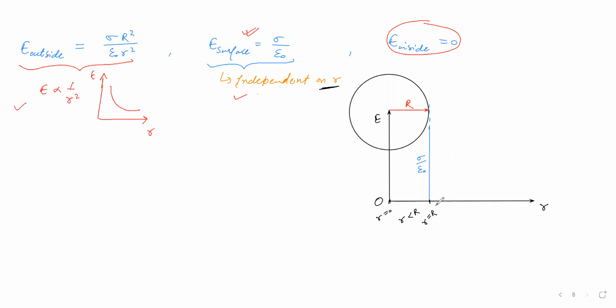Yes, sir. But when we go beyond capital R, I mean when r is greater than R, then you can look E is outside and your graph will be hyperbolic like this. This hyperbolic graph can be drawn from this position like this. Are you clear or not?